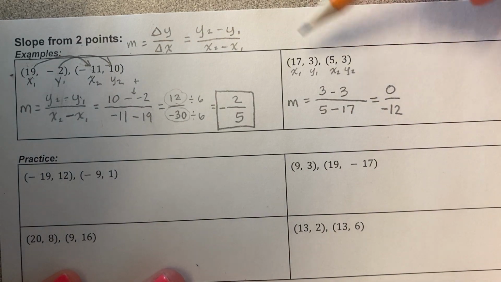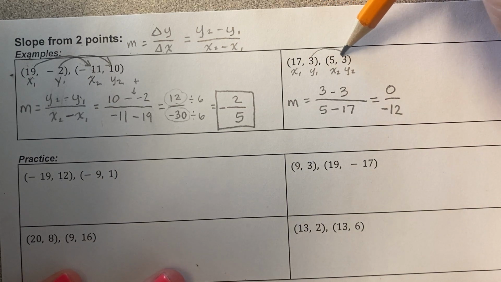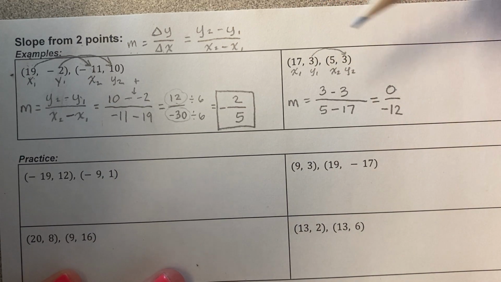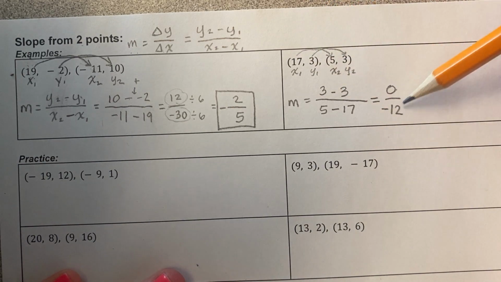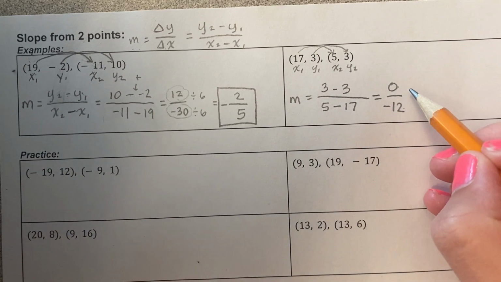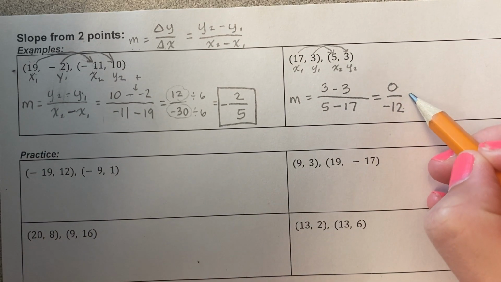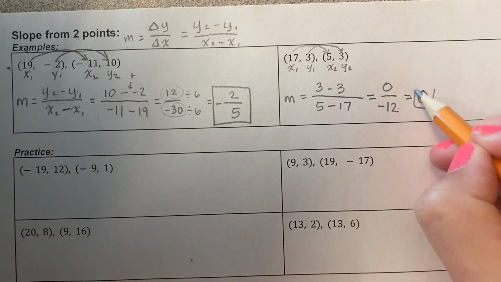If I was going to do change in y over change in x, it'd be the same. Look, the change in y, 3 to 3. Oh, that's no change, 0 change. The change in x, oh, I went from 17 down to 5. What is that? Oh, that's down 12. So same idea, just a different way of doing it. Now, this is 0 divided by negative 12. Oh, 0 divided by 12 is 0. Okay, that's my answer. This slope is 0.